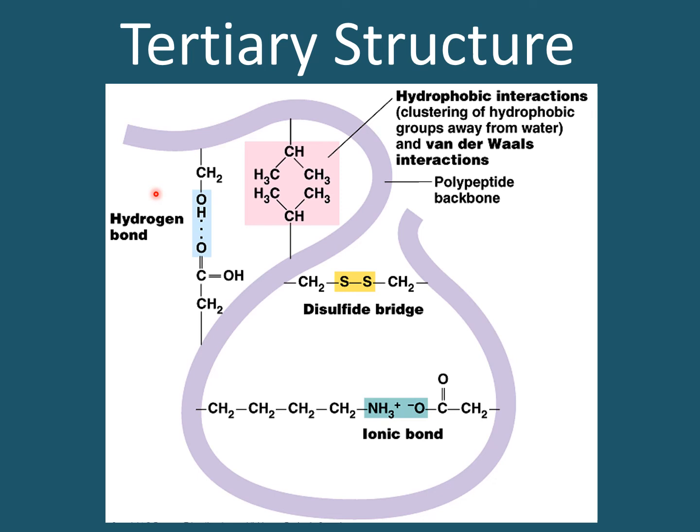There are certain amino acids, particularly cysteine, that form strong covalent bonds with other cysteines. Two sulfur atoms are involved, hence the name disulfide bridge. And then finally, there are ionic bonds that hold proteins in their shape. These ionic bonds occur between the negatively charged and positively charged, or acidic and basic amino acids.